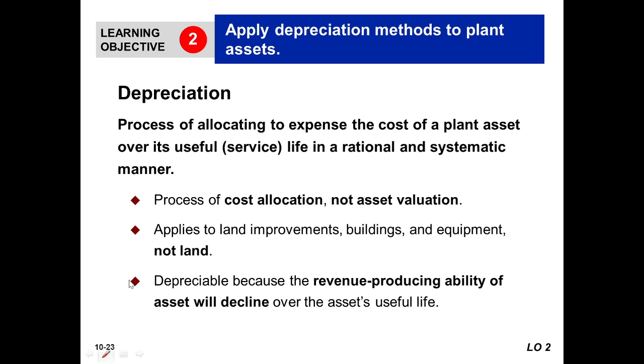What is depreciation? Depreciation is the process of allocating to expense the cost of a plant asset over its useful or service life in a rational and systematic manner. Suppose we have purchased equipment for $1000 and its service life or useful life is 5 years.